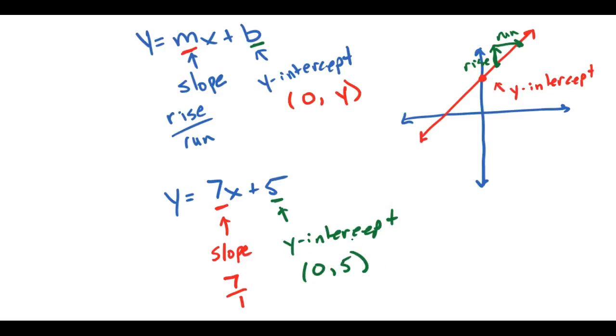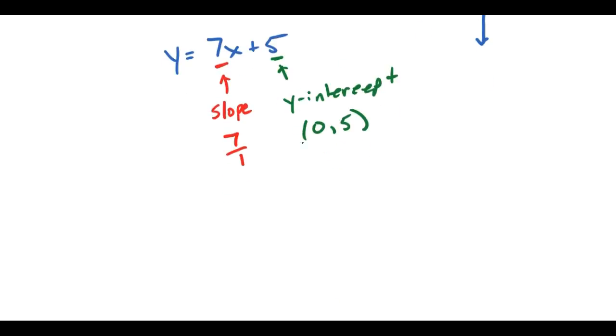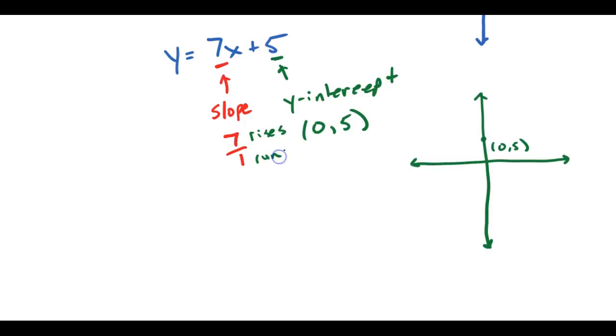Okay? So based on just looking at this equation, I can tell if I could draw a very, very rough graph. I could say, all right, I know two things. One, I know where it hits the y-axis. It hits right here at the ordered pair 0, 5. And then the next thing I know is that it rises 7 and it runs 1.